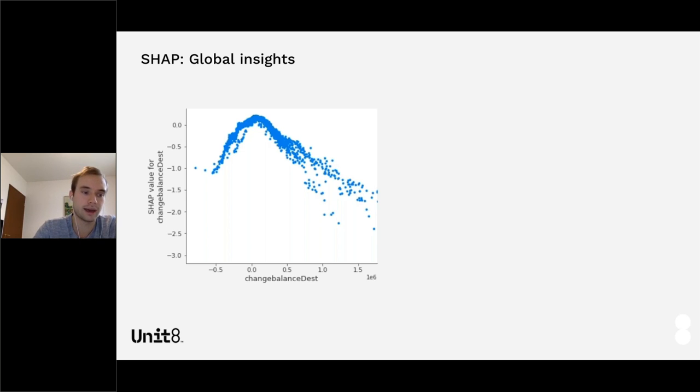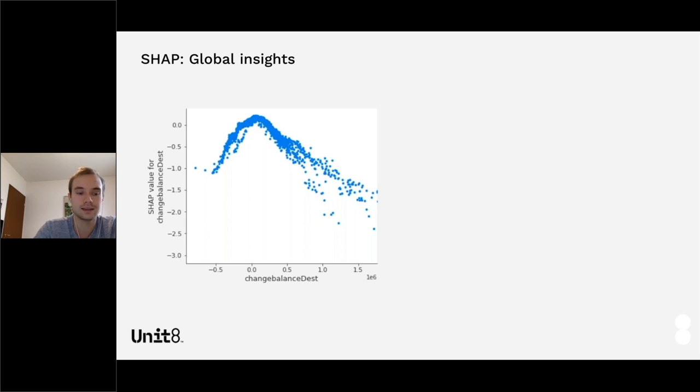What we're looking at here is a scatter plot of transactions where every dot represents one transaction. The x-axis represents different values for this specific feature, while the y-axis shows us what explanation value is attributed to this feature for a given transaction with a certain value of that feature.